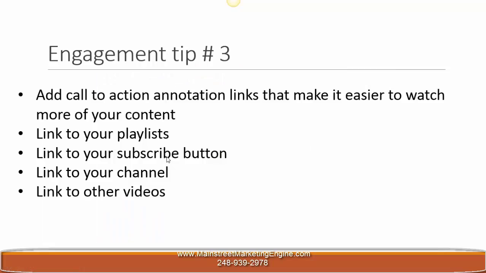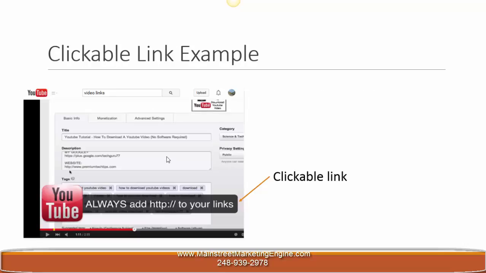So engagement tip number three is to add a call to action and links that make it easier to watch more of your content. Link to your playlist, your subscribe button, your channel, and other videos, making it easy for people to grab your content and your information and engage with it. So these can be clickable links here, right?